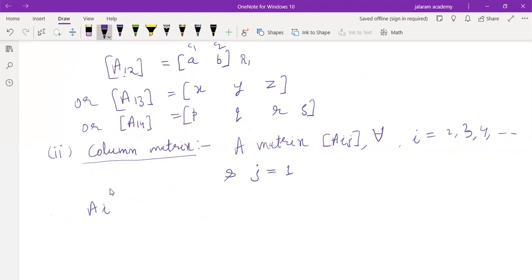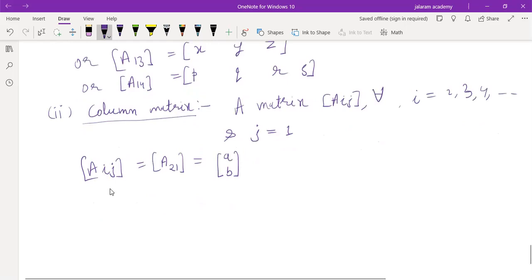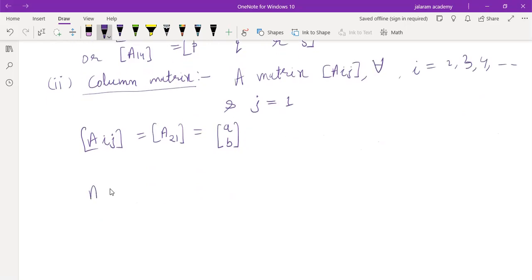That is, if Aij is a matrix of order 2 cross 1, it has two rows and one column like this. Is that clear to you? Clearly they are different from one another. They are not equal.